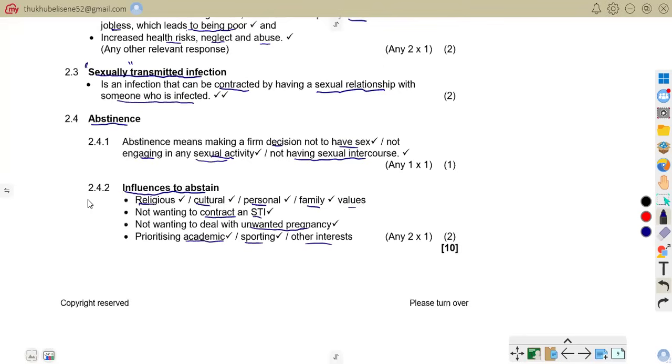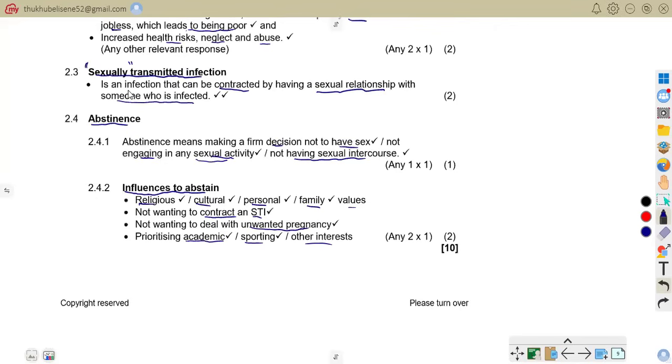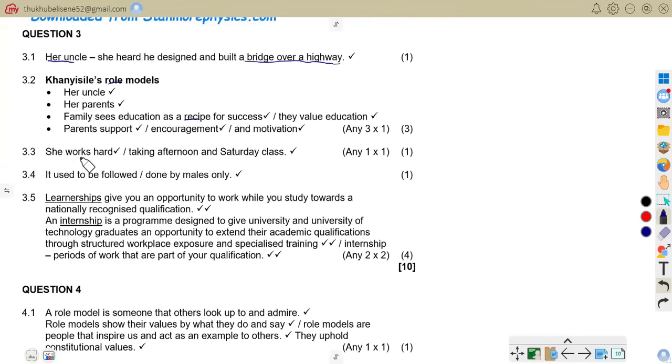Now moving on to 3.3. How does she ensure that she performs well in mathematics and physical sciences? She works hard, because we're told in the case study that she attends afternoon as well as Saturday classes.